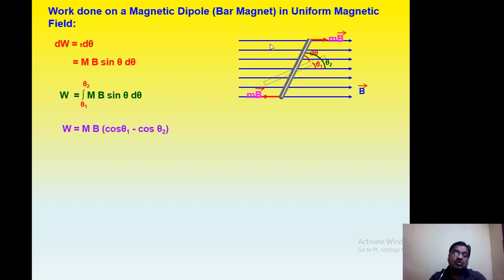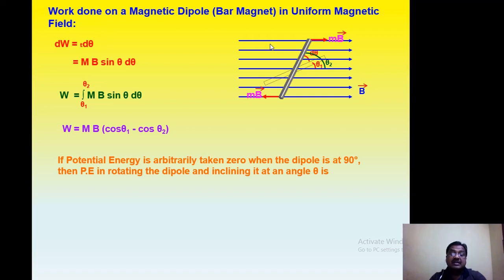Substitute that. If you substitute that value, total work done will be mb (cos theta 1 minus cos theta 2). And this work done is on the dipole. It is stored in the dipole as potential energy.